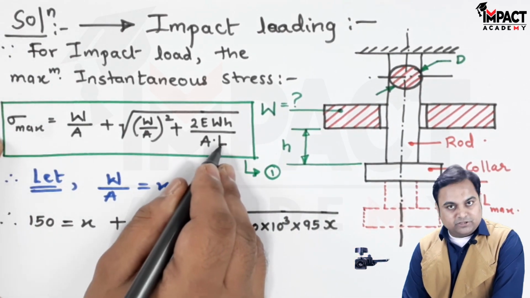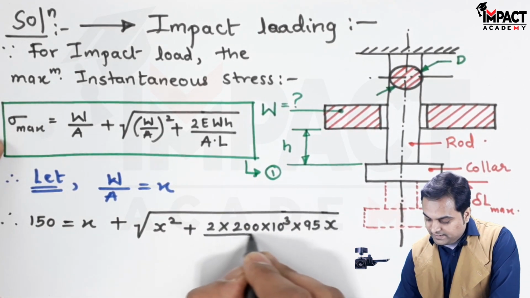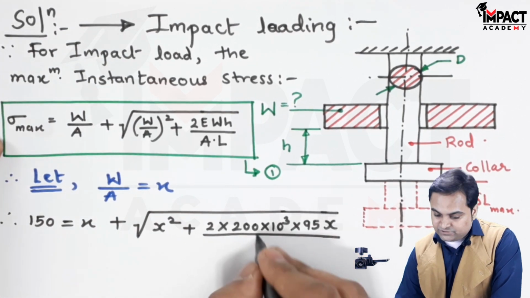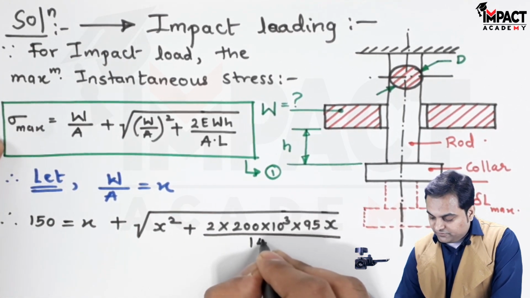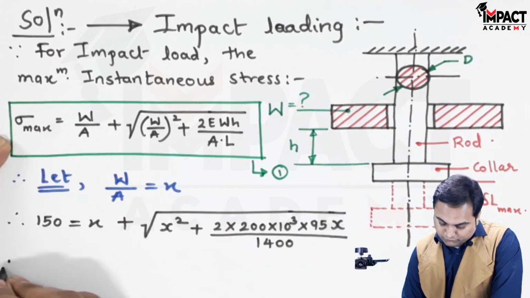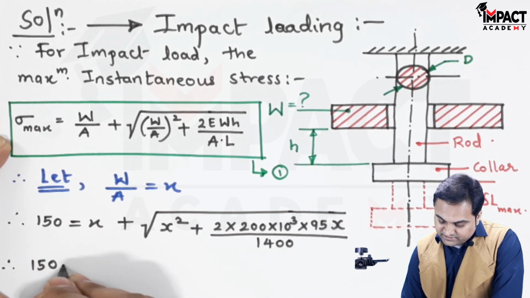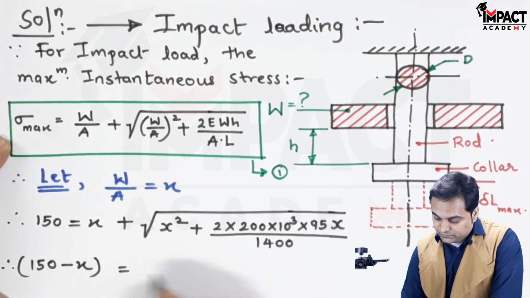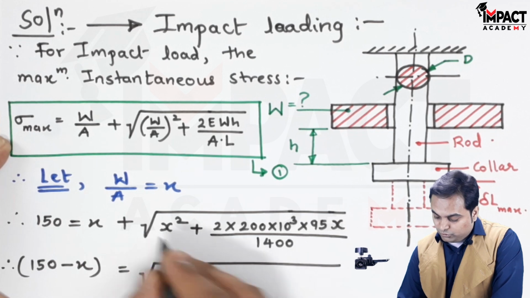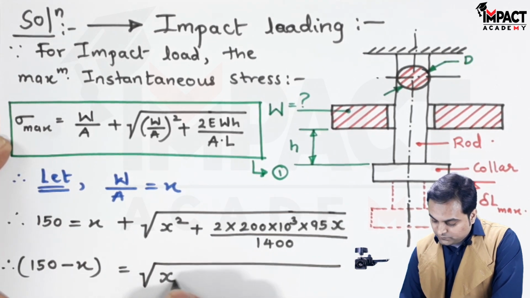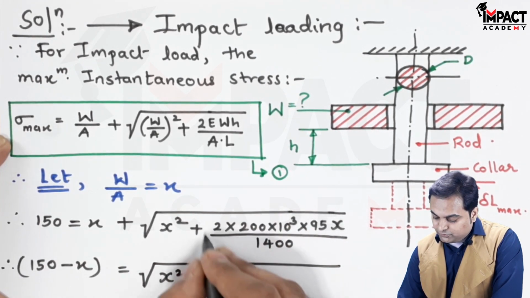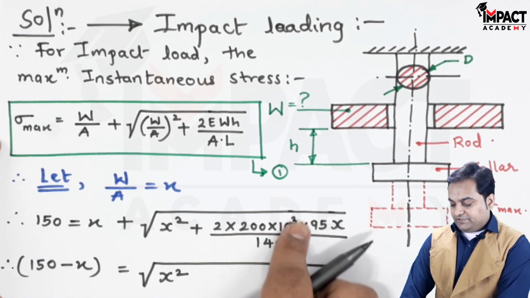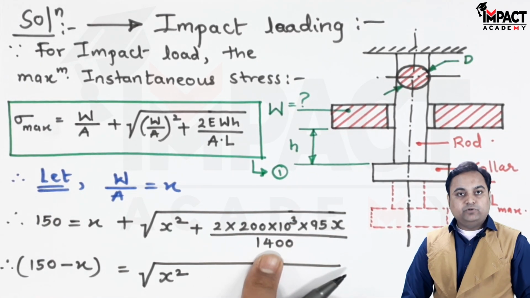So in the denominator only length remains, and the length of the rod given is 1.4 meter, that is 1400 mm. So therefore 150, I'll bring this X onto the other side, so it becomes 150 minus X equals root of X square, plus now this coefficient, which is 2 into 210 raised to 3 into 95 divided by 1400.